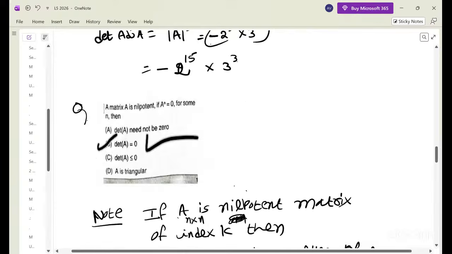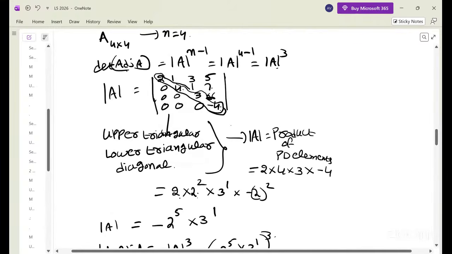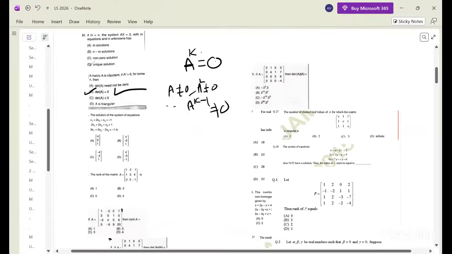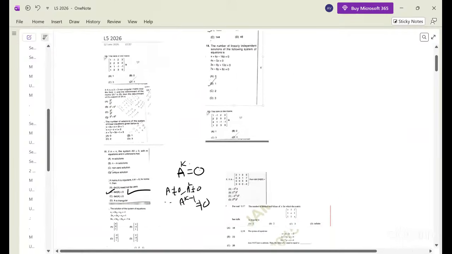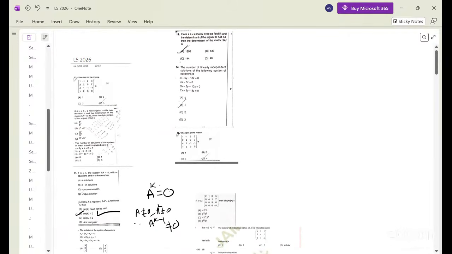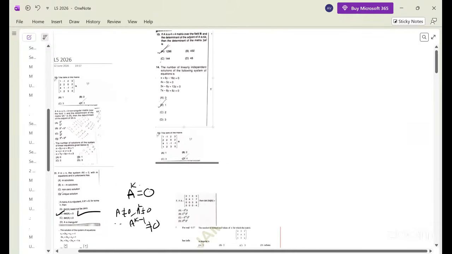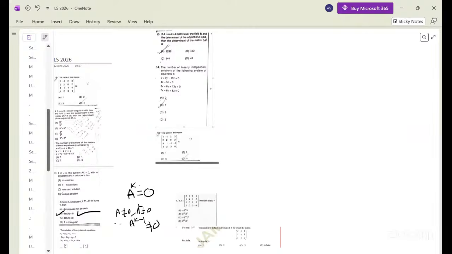Next. One more interesting question is there. With that, I will close this and enter into the rank of the matrix concept. Our main aim in finding the rank is the number of solutions. Here also one question is there. After the class, you can try it: 4 by 4, determinant of adjoint A is 64, then determinant of 3A square is? We can take this as homework.